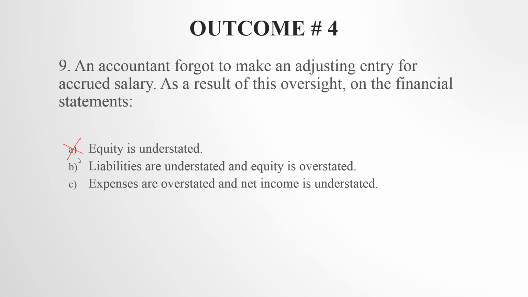Now, expenses are understated because salary expenses have not been recorded, and therefore the income is overstated, making C wrong. Option B is the correct answer because liabilities are understated because accrued salary, which is a liability, has not been recorded, and equity is overstated because salary expense, which reduces equity, has not been recorded. Therefore, equity is overstated. B is the right answer.